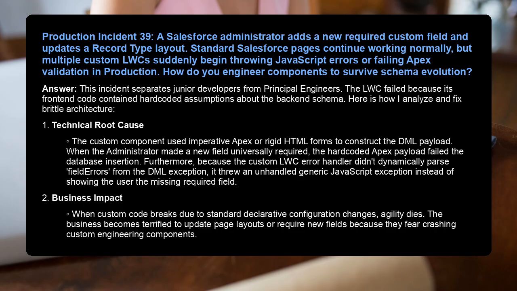When the administrator made a new field universally required, the hard-coded Apex payload failed the database insertion. Furthermore, because the custom LWC error handler did not dynamically parse field errors from the DML exception, it threw an unhandled generic JavaScript exception instead of showing the user the missing required field.